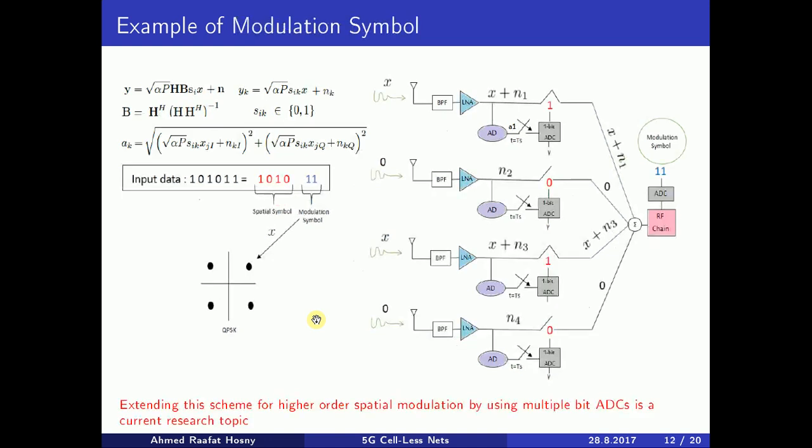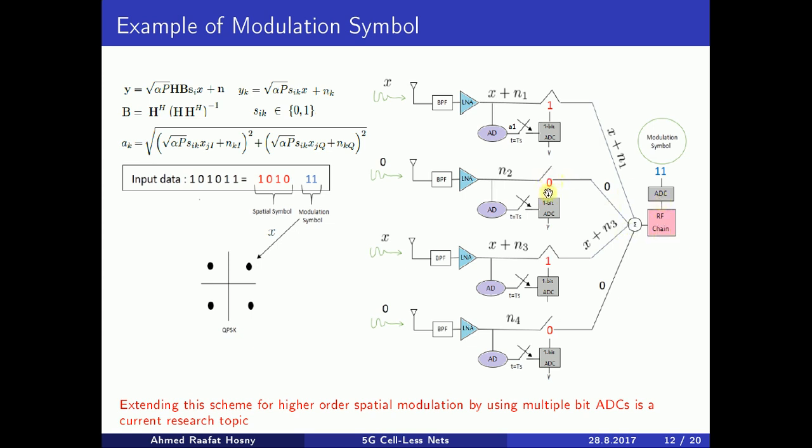For the modulation symbol detection, we first detect the spatial symbol, and after that we detect the modulation symbol. If the spatial bit is 1, this switch will be closed and the modulation symbol will be allowed to go to the RF chain and the ADC.